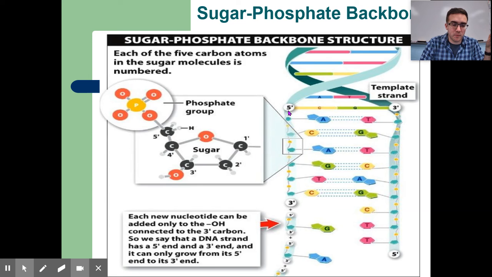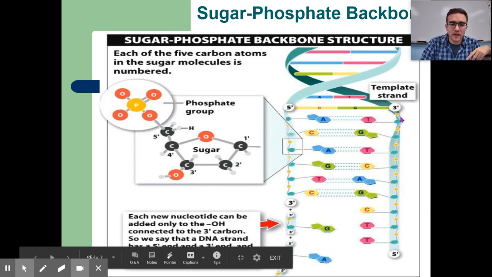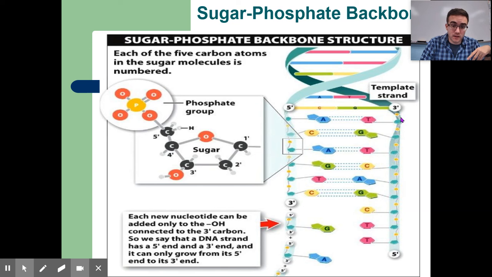So we have the 5' carbon, the 3' carbon, then the phosphate, then the 5' carbon and the 3' carbon. The 3' to 5' strand is the opposite way, right? The phosphate's first, which is then linked to the 3' carbon, and then we have the 5' carbon next, and then the 3' carbon, 5' carbon. So they run opposite of each other. One strand's 3' to 5', the other strand's 5' to 3'.